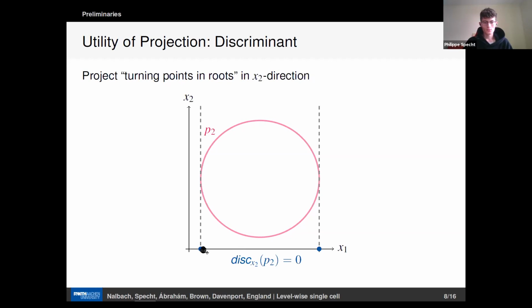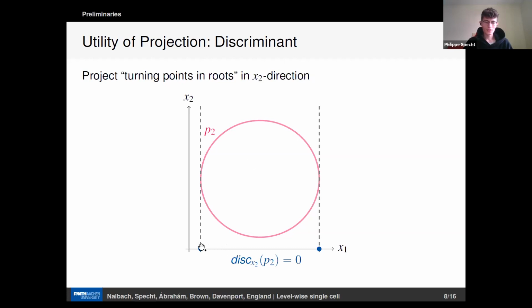And this property is that when we look at the intervals that are defined by these roots right here, for example the interval between those two roots, if we take two points at random from this interval, we will always have the same ordering of roots above this point in the direction that we projected along. So for every point there will be no root, then a root, no root, root, no root.